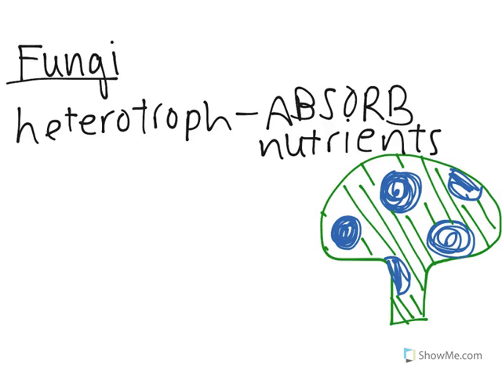So they're able to decompose things in their environment and then absorb those nutrients through themselves to feed themselves. So whatever the enzymes they're excreting to digest everything do is exactly what happens through our digestive systems. We eat our food, and then different enzymes throughout our body, through our stomach, through our intestines, are doing the same digesting that fungi are doing, but they're just doing it outside of their body.